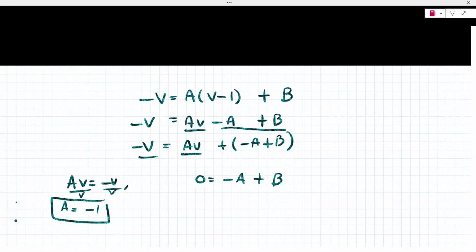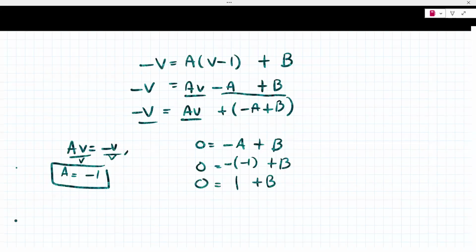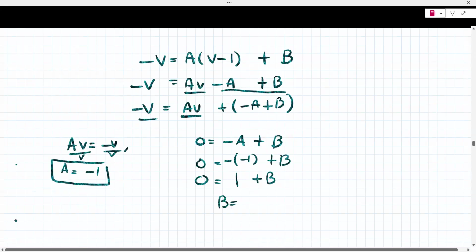And then if a is equal to negative 1, that means it's going to be 0 equals negative times negative 1 plus b. So negative times negative is positive 1 plus b. And then if you solve for b, you're going to get b equals negative 1.